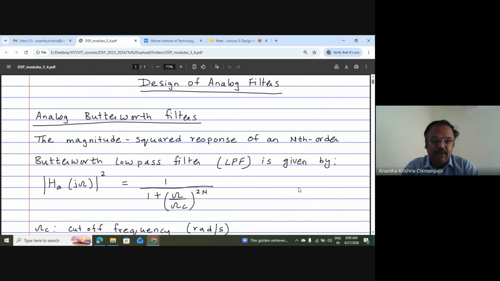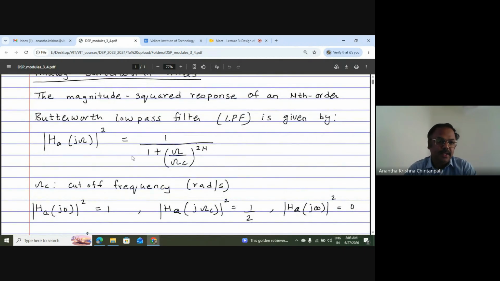The magnitude square response of an nth order Butterworth low pass filter is given by this expression: |H_a(jΩ)|² = 1 / (1 + (Ω/Ω_c)^(2n)). Here Ω is the continuous frequency, Ω_c is called the cutoff frequency, in units of radians per second, and n is the filter order.